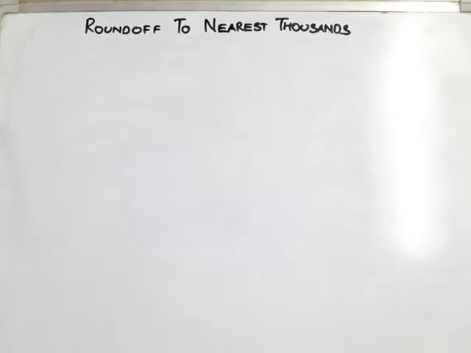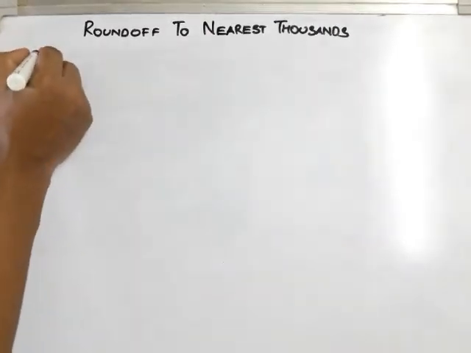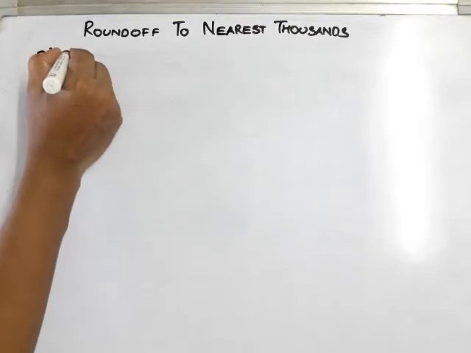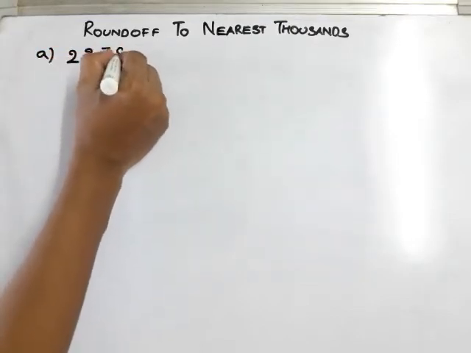So, round off to the nearest thousands. Let us start with an example. First one, I am taking 2378.